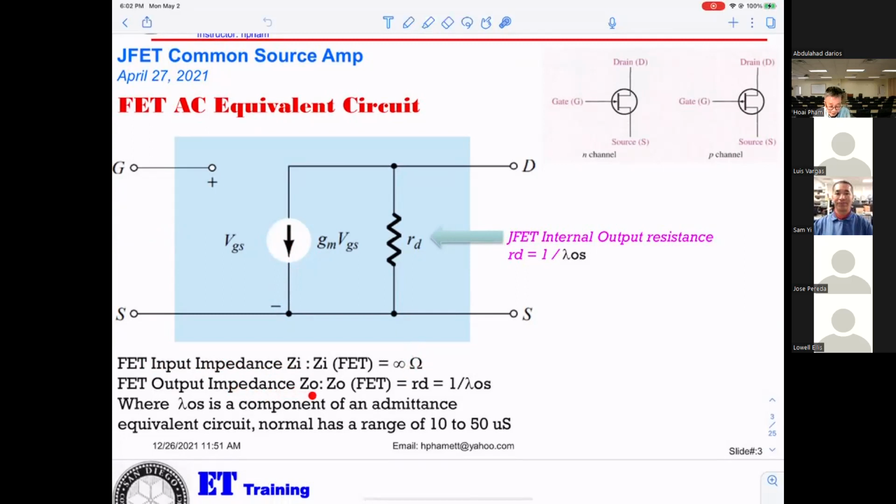FET output impedance: here, without any connection, you can see yos is a component of an admittance equivalent circuit, normally in the range of 10 to 50 microsiemens. That only tells you it's a very big resistance.